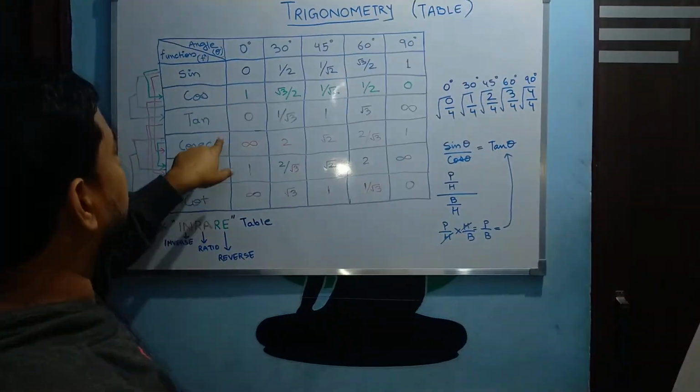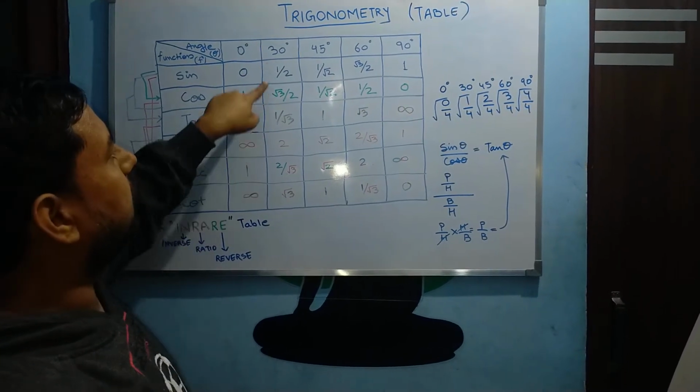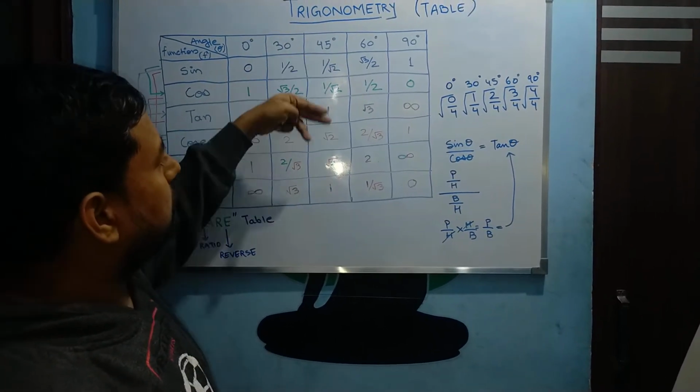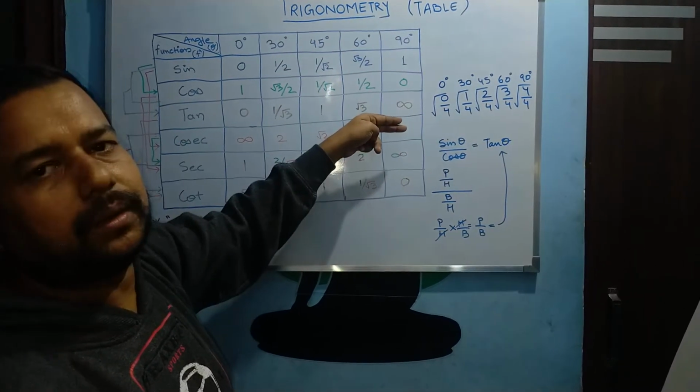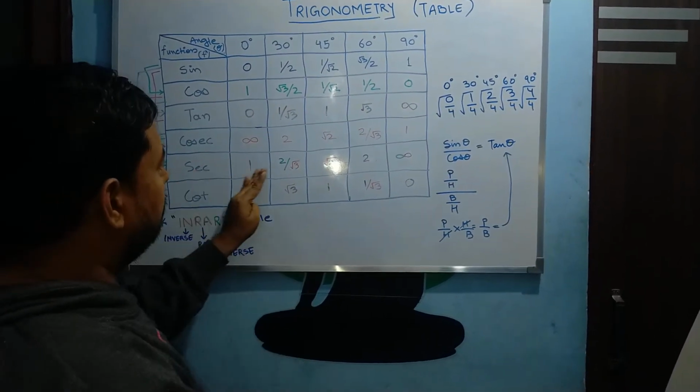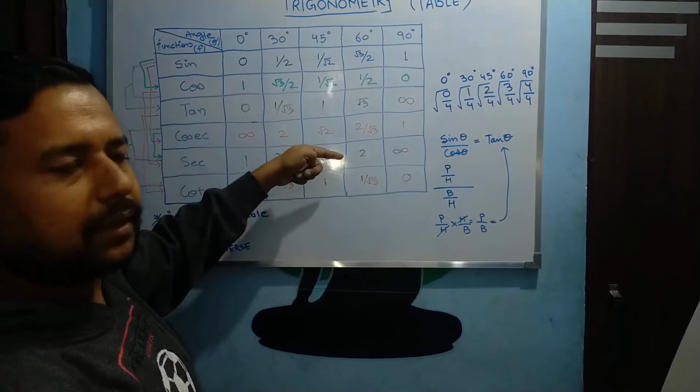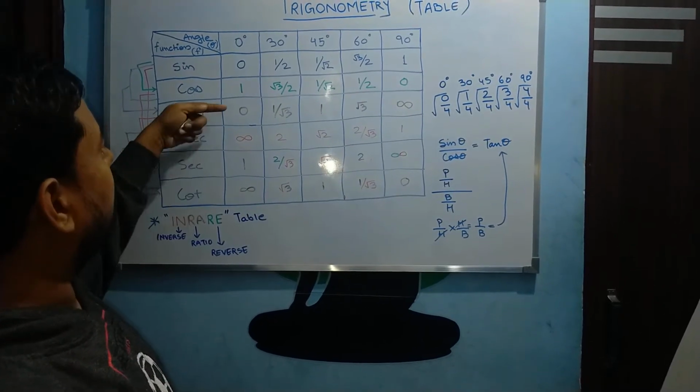So cosec theta is 0, this is infinity, 1 by 2 is 2, 1 by root 2, root 2, root 3 by 2, 2 by root 3, 1 and 1. Sec theta, you can see, is the inverse of this, and cot theta is the inverse of tan theta.